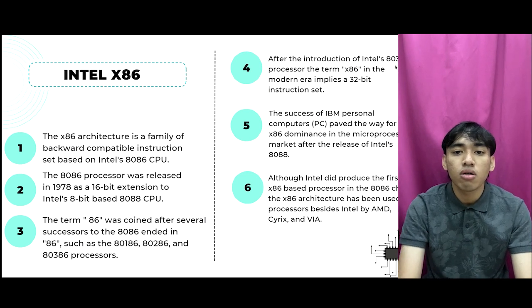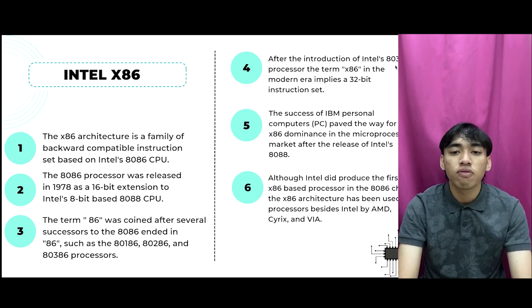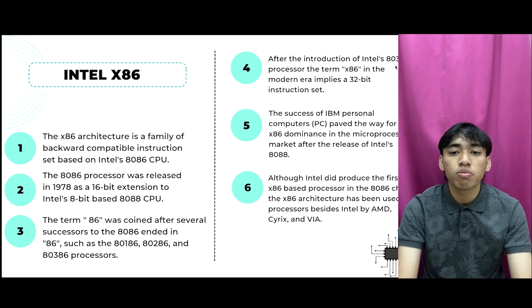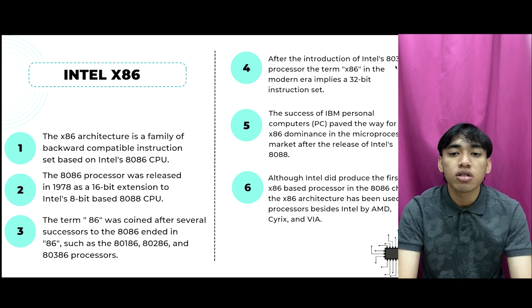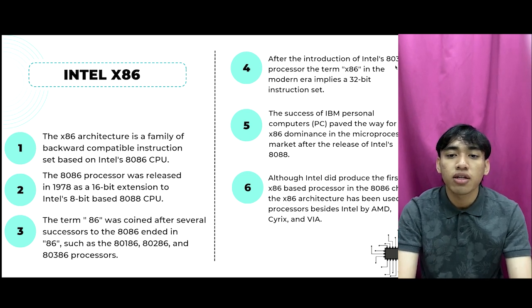And lastly, although Intel did produce the first X86 based processor in the 8086 chip, the X86 architecture has been used in processors besides Intel by AMD, Cyrix and VIA.